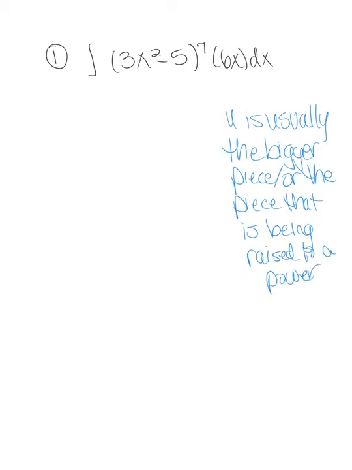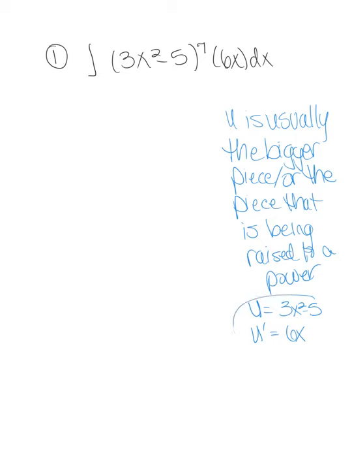So in our example right here, I would pick u to probably then be the 3x squared minus 5. And if that's u, then the u prime, remember we need that u prime in there, will be a positive 6x.